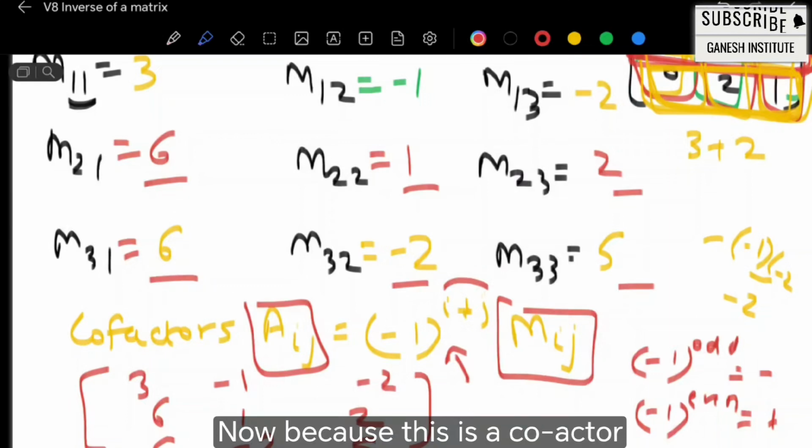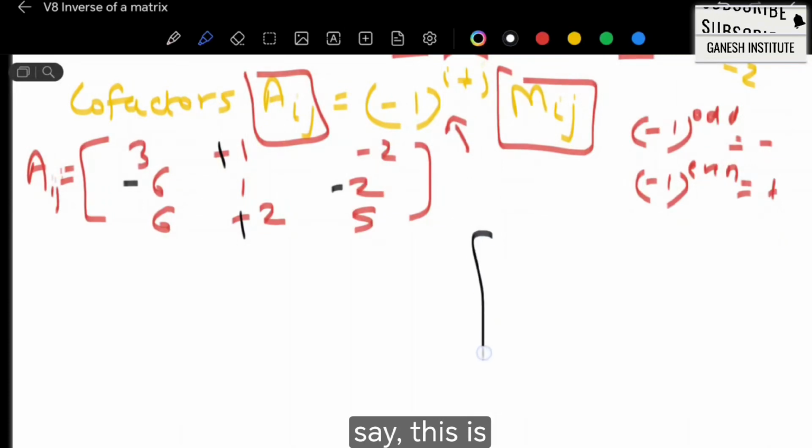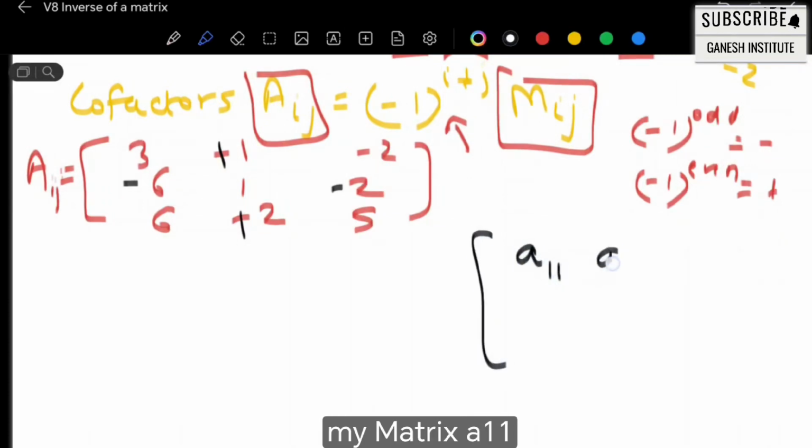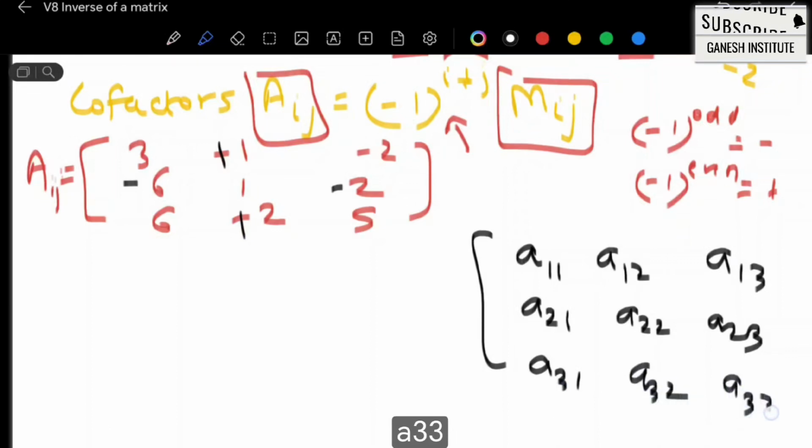Now, because this is a cofactor matrix, Aij, I'll place the opposite sign at all the odd places. Correct? Can you see? If I say this is my matrix A11, A12, A13, A21, A22, A23, A31, A32, A33.